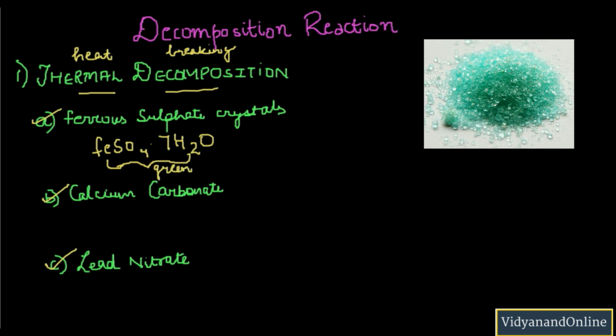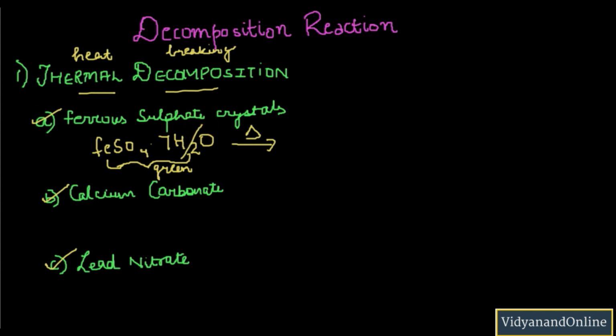Now when you heat it, first of all, these 7 water of crystallization get lost. So you get only ferrous sulphate, and this has been lost. Now this ferrous sulphate is basically white in color.